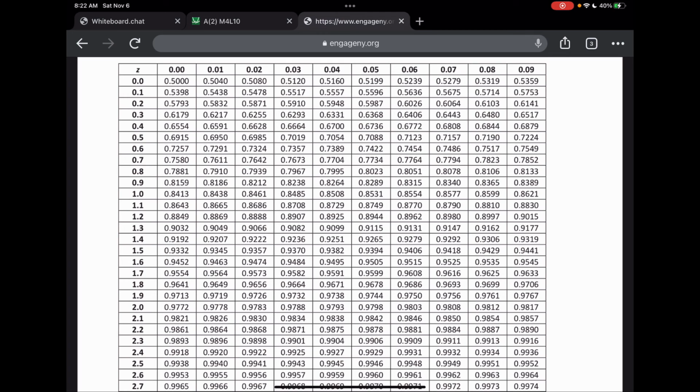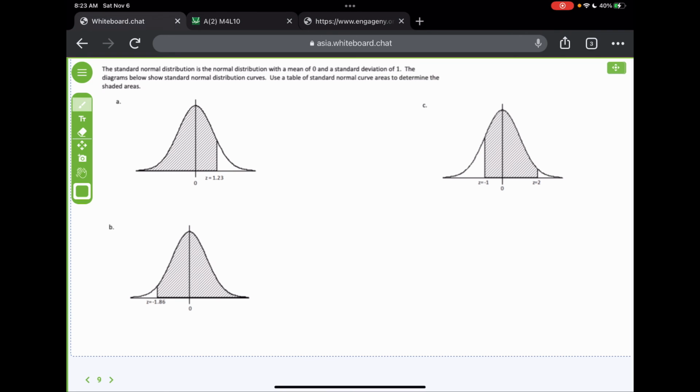Now, what these Z-scores are, these are values to the left of the Z-score. So if you look back at our chart, we need the probability of the values to the left right here, which is exactly what we had, 0.8907. Okay? Now, when you come down here to the negative 1.86, we need to think about it for a second.